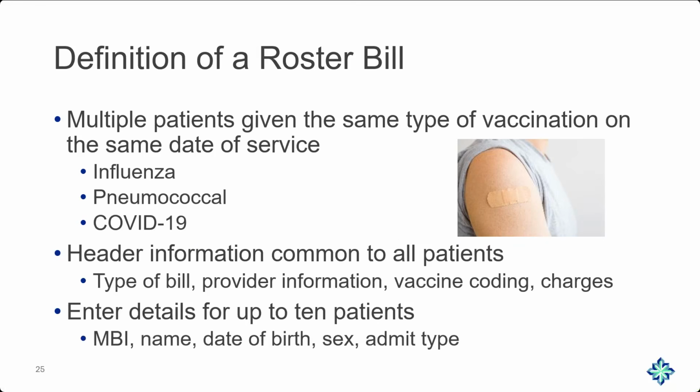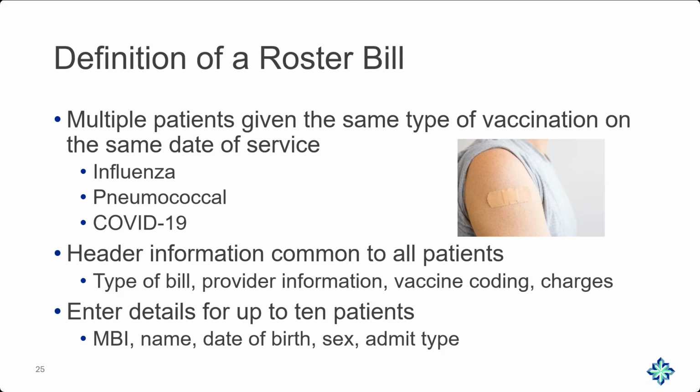This process is used for certain immunizations like COVID-19, influenza, and pneumococcal shots to allow for mass billing. It's designed to be quick and easy for providers who can submit a separate roster bill for each type of vaccine administered on the same date of service.